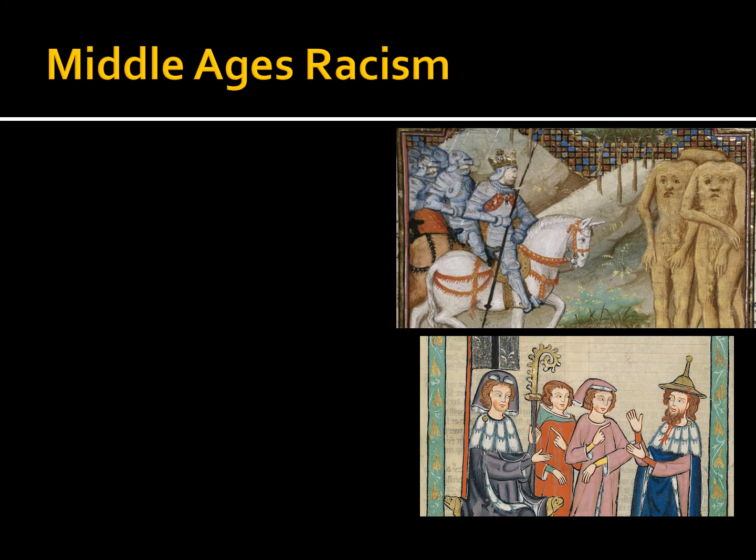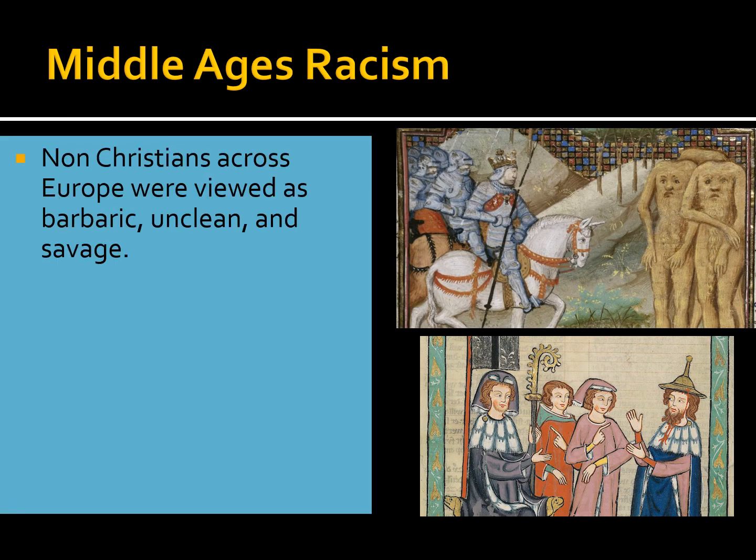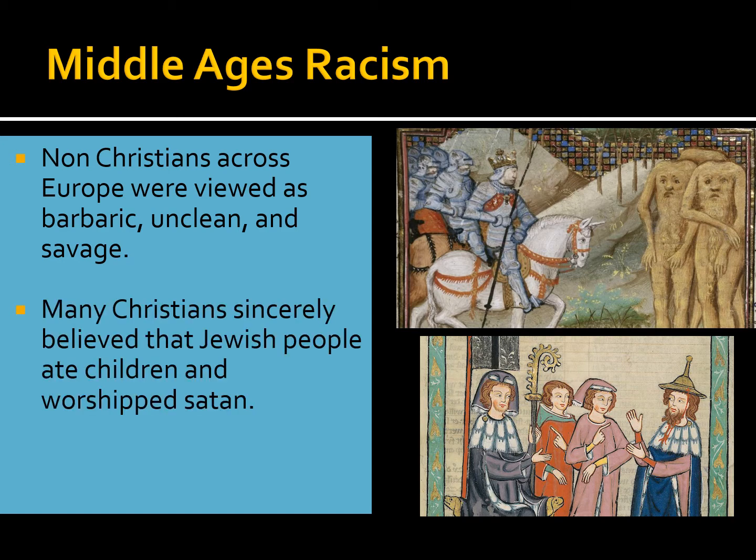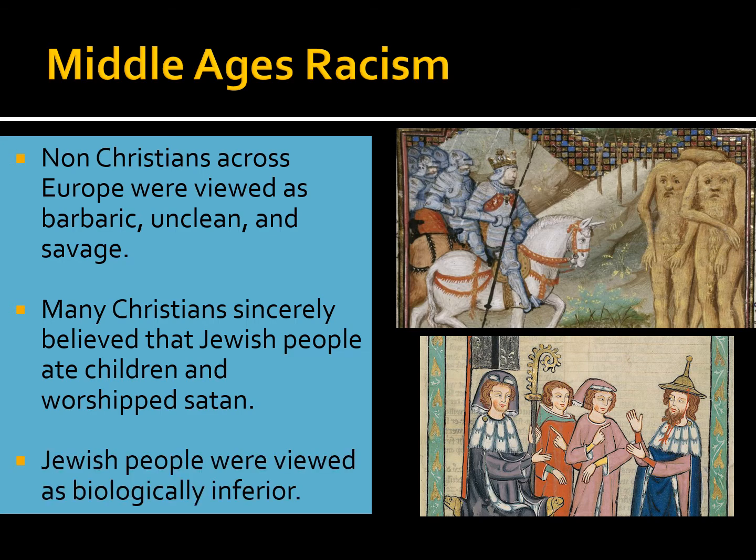So in some of these Middle Age writings, we see some interesting conclusions. In general, non-Christians across Europe were viewed as barbaric, unclean, and quote unquote savage. Many Christians sincerely believed that Jewish people ate children and worshiped Satan, and Jewish people were also viewed as biologically inferior during this period.